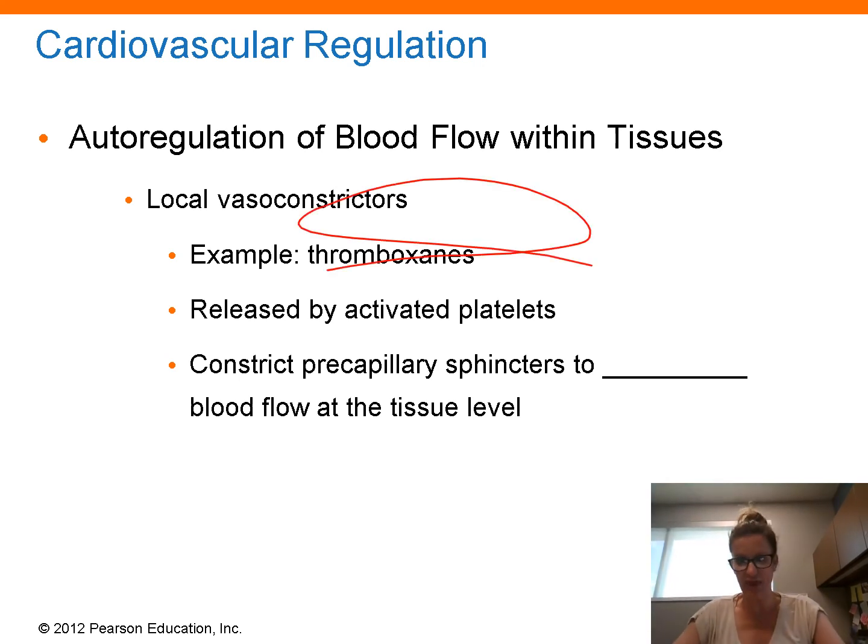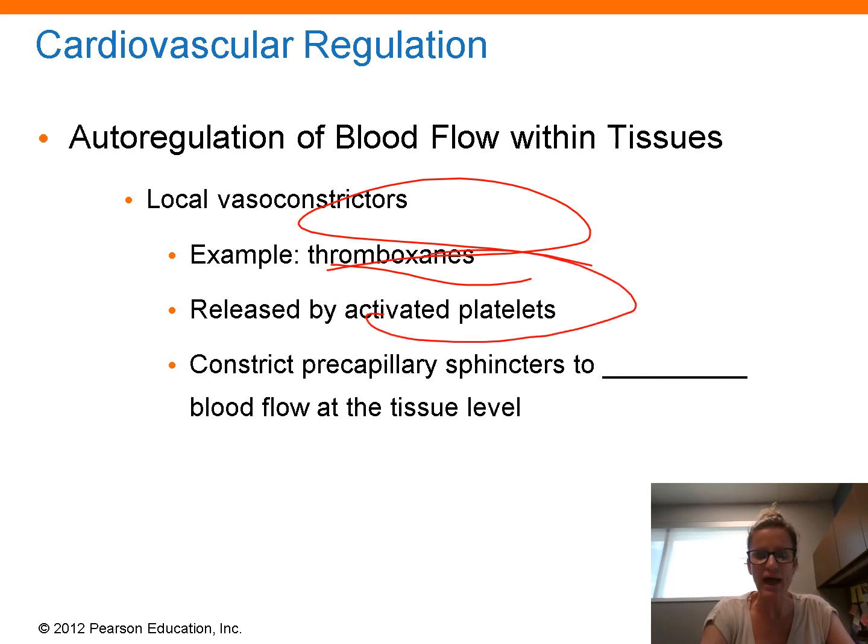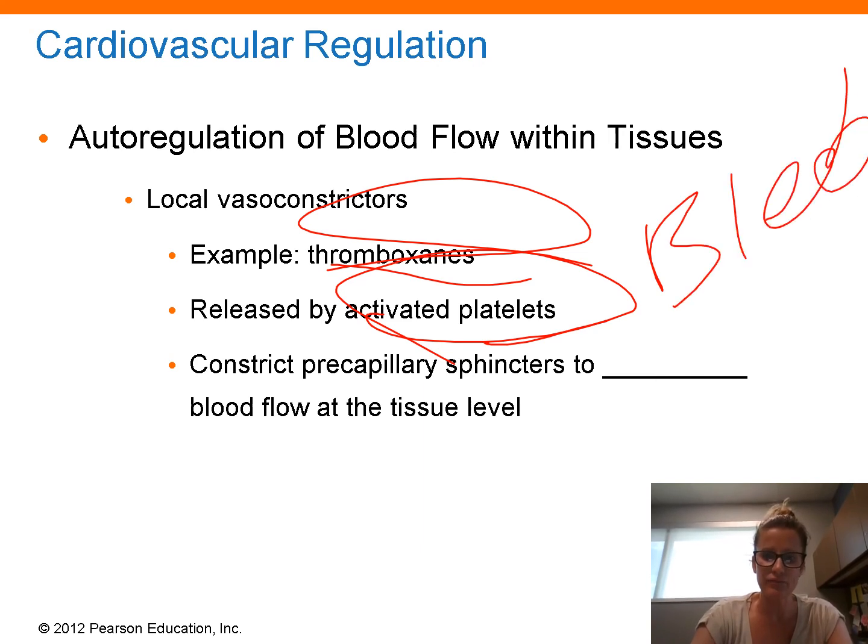Thromboxanes are examples of chemicals that can act as local vasoconstrictors that can decrease blood flow in one little area of a capillary bed. Thromboxanes are chemical messengers that are released by activated platelets. You know that platelets get activated when we are bleeding, when there's some sort of a bleed in an area.